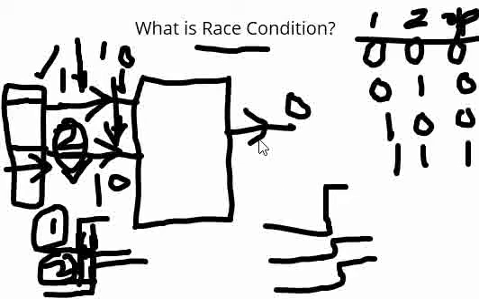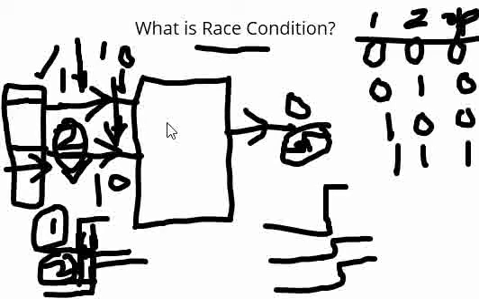Let us assume a scenario where this is going to another system as a clock or some edge triggering. With this scenario, it might give a wrong input to that particular device or IC, and you might have improper functioning of your system. So, a clear explanation of race condition, right? Now, this is about hardware.